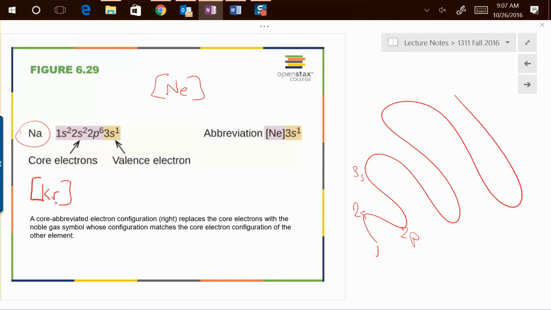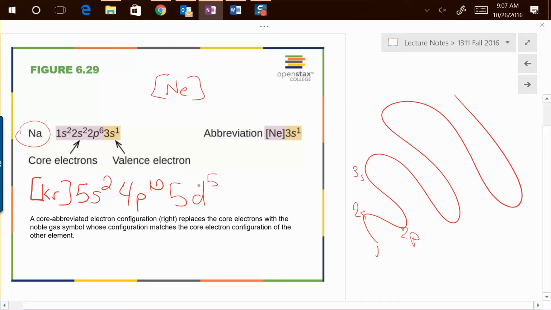Where am I? 5 what? 5s2. Good. 4d10. To iodine. 5p5. Good.